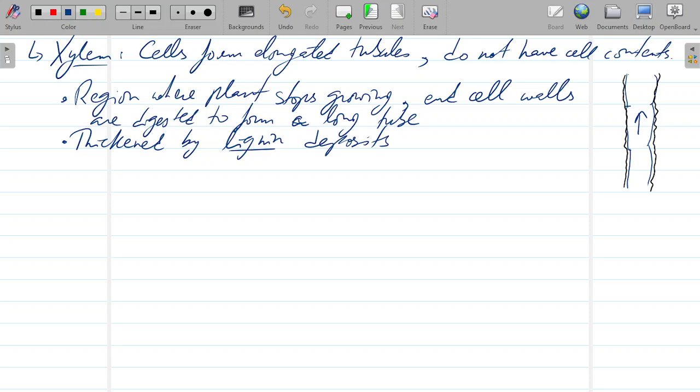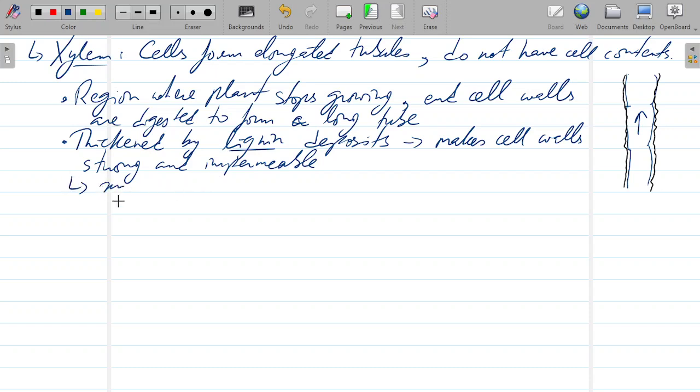And what that does is it makes the remaining walls of the tube very strong and impermeable. And because of that, the xylem is able to provide structural support. So there are two things that happen.